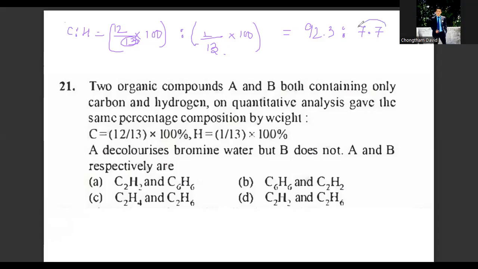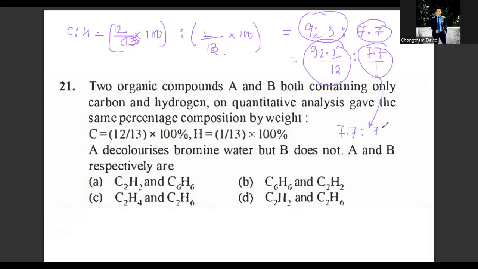So let us take 7.7 and 92.3. This is for carbon, so divide by carbon atomic mass 12. 7.7, let us divide this by atomic mass of hydrogen. So now you will get the simplest formula, 7.7 to 7.7, 1 to 1. Since it is 1 to 1, the empirical formula is CH.